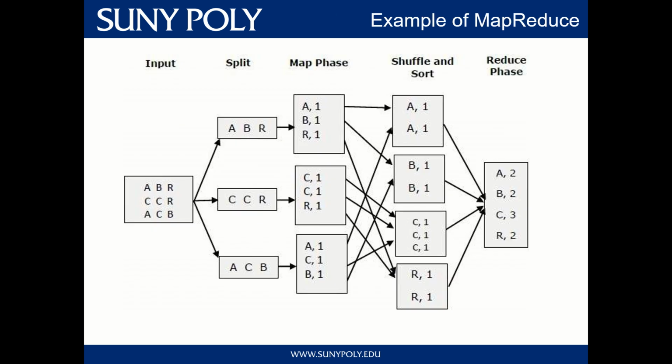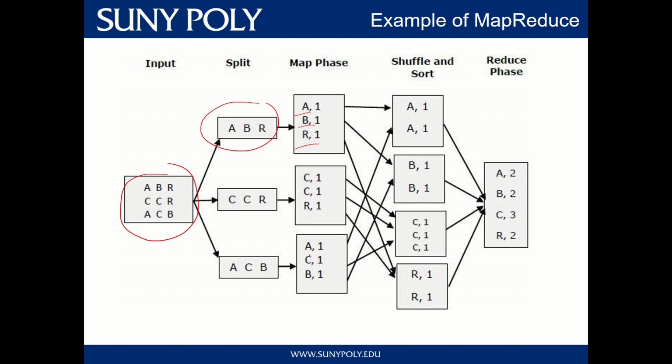This is a similar example to the one that we just covered. This is the input, our original file, so you have letters. Then we split the file. They are assigned, and then they are mapped. In the first split, they map and found 1A, 1B, and 1R, and similarly with the others, right?